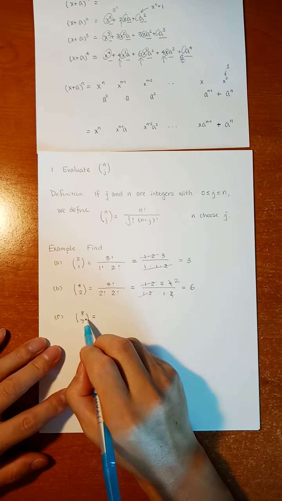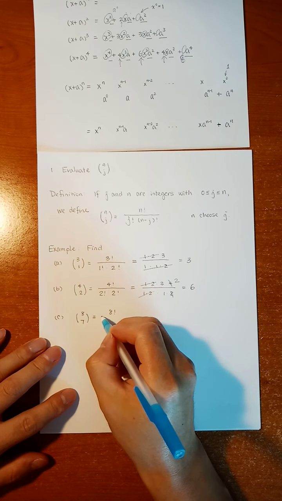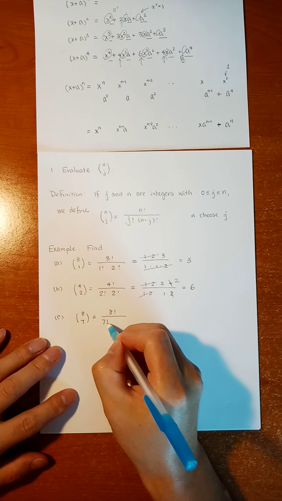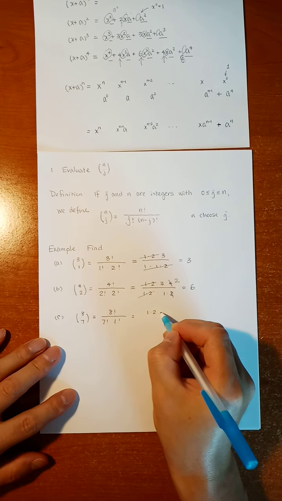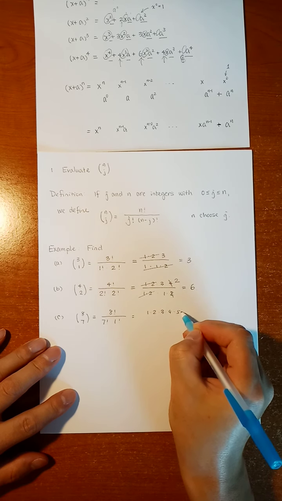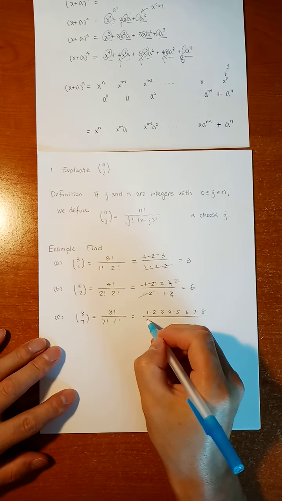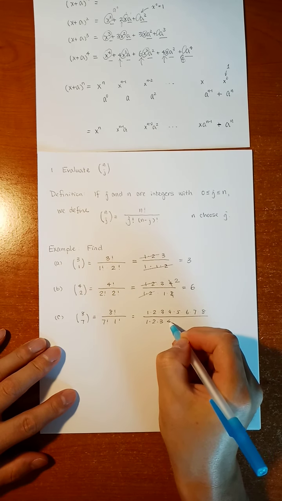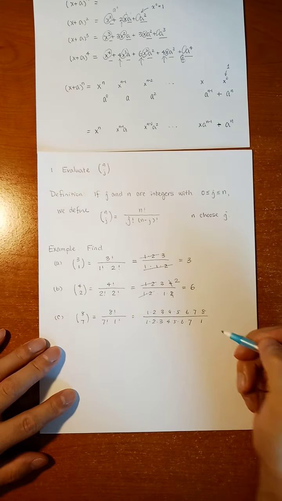Okay, so you see 8 choose 7, so 8 factorial over 7 factorial. 8 minus 7 is 1 factorial. 8 factorial is 1, 2, 3, 4, 5, 6, 7, 8. 7 factorial is 1, 2, 3, 4, 5, 6, 7. 1 factorial is 1.